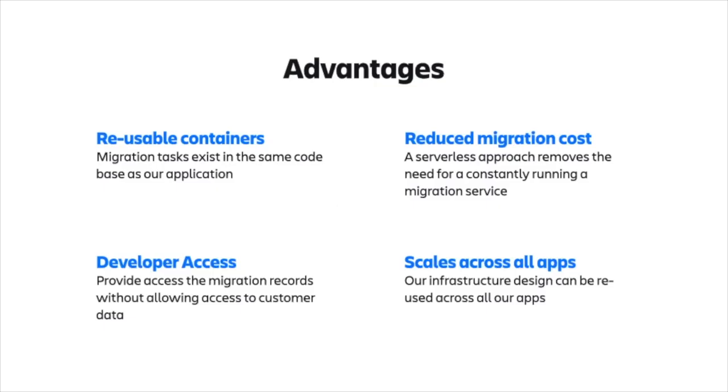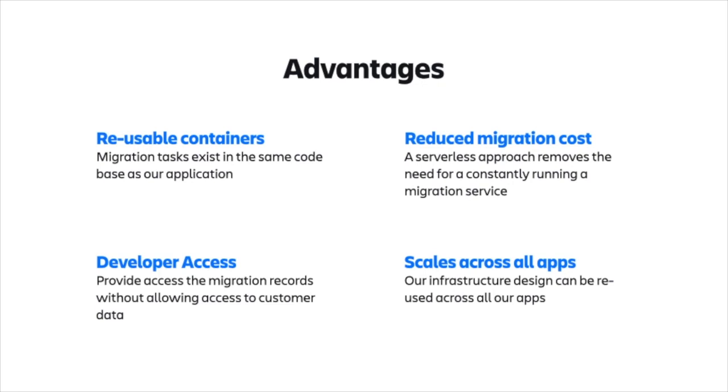So some of the advantages that we've found, or we think are here in this implementation, is that we're able to reuse our app containers. When we build our Connect server, we build a container. We've got a certain entry point that spins up the Node.js process, and obviously that becomes the Connect server.